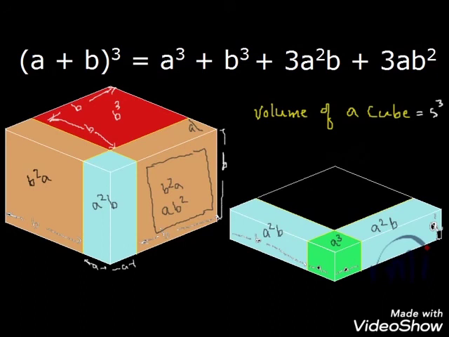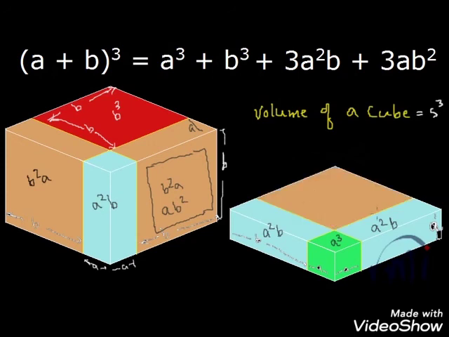And if I talk about this cuboid, it has a height of A and this face is a square of b by b, right? So volume of this cuboid will also be AB square, right?